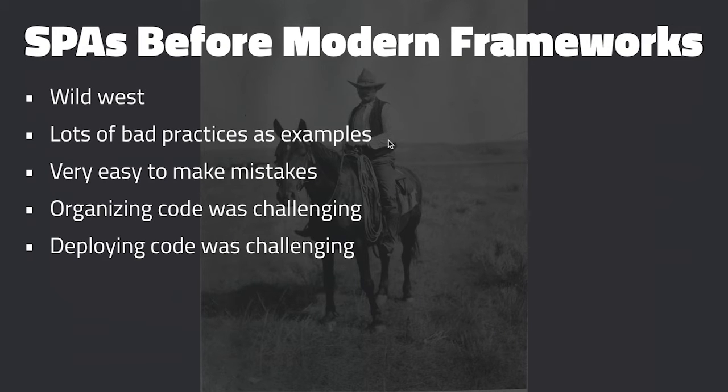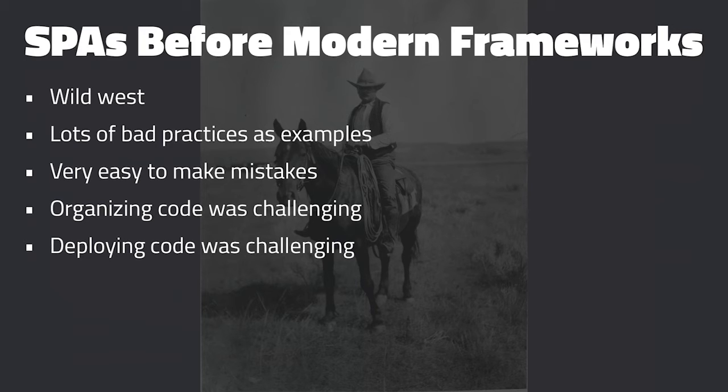So before modern frameworks and libraries like React and Angular and Ember and so on came out, the territory of the single-page application, going back to like 2009-ish, 2010, was a bit of a Wild West situation. Due to the way JavaScript programming evolved, through no fault of library developers per se, there were a lot of bad practices as examples.